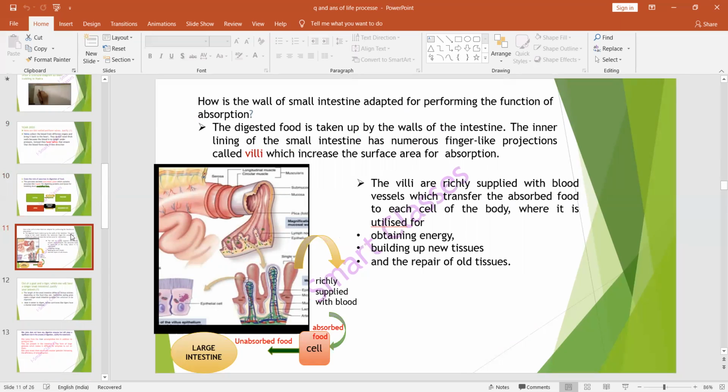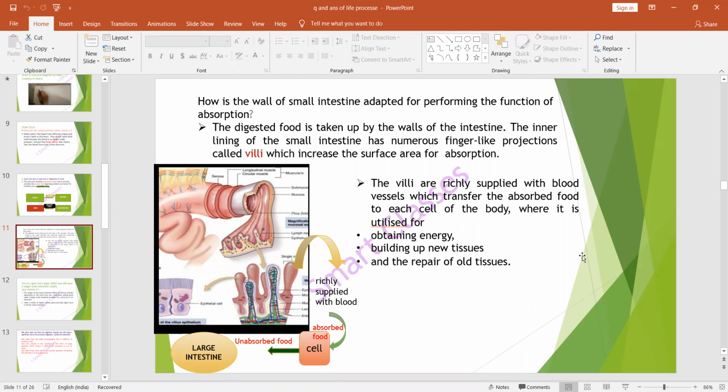Next question is how the wall of small intestine is adapted for performing the function of absorption. So we just have to find out how the small intestine is adapted for absorption. Now, if the surface is flat, it will not be able to absorb much.